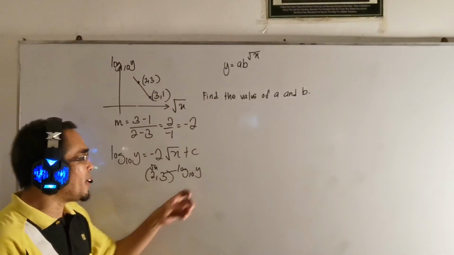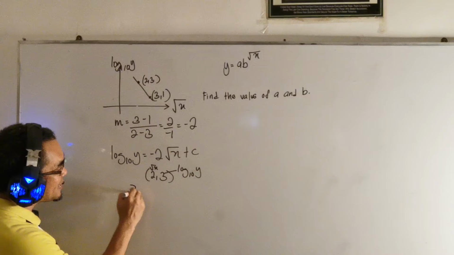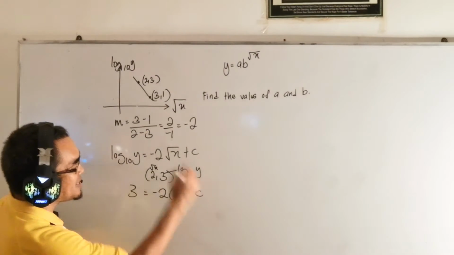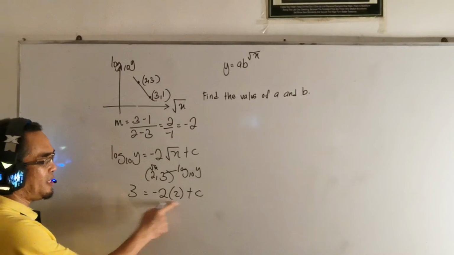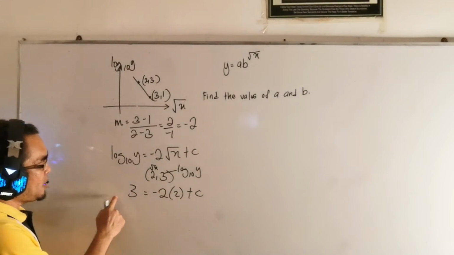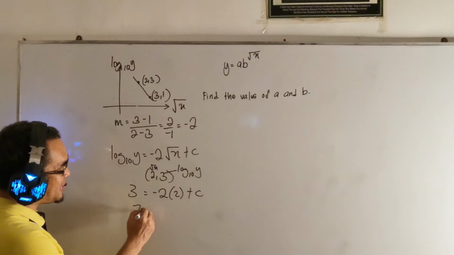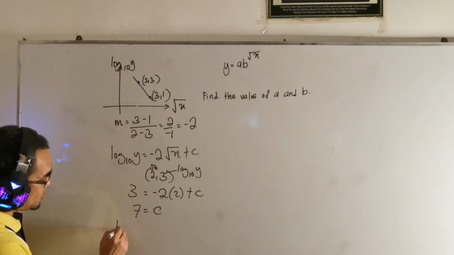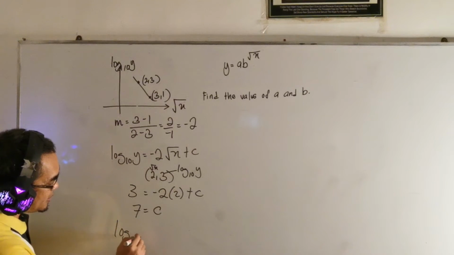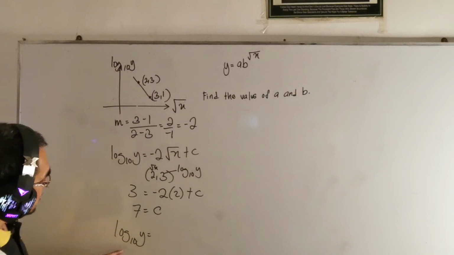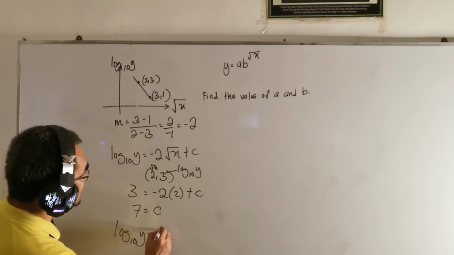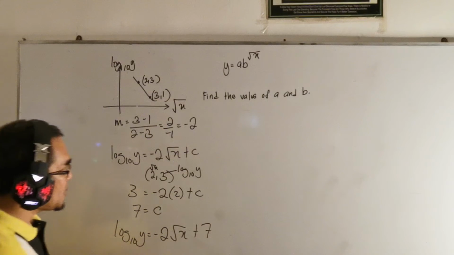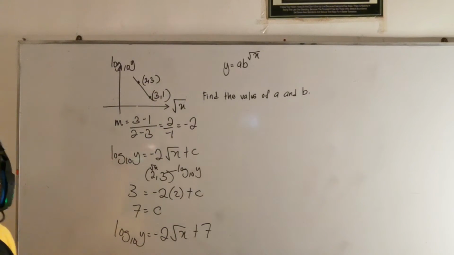So I will replace: 3 equals negative 2 times 2 plus c. Negative 4, you bring to the other side, 3 plus 4, so the value of c will be 7. Then you rewrite and write down the equation of the straight line, which is log 10y equals negative 2 square root of x plus 7.